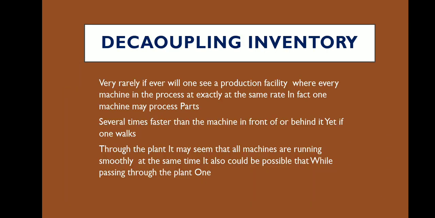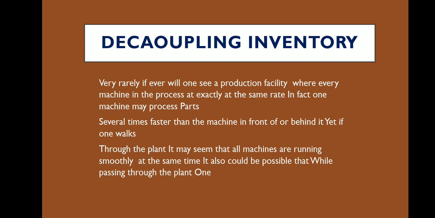The last one is decoupling inventory. Very rarely, if ever, will one see a production facility where every machine in the process runs at exactly the same rate. In fact, one machine may process parts several times faster than the machines in front of or behind it.